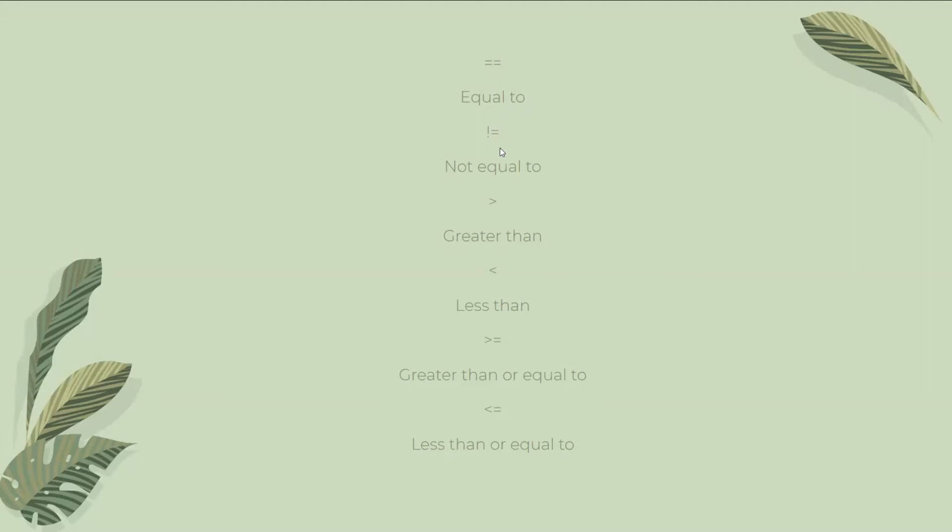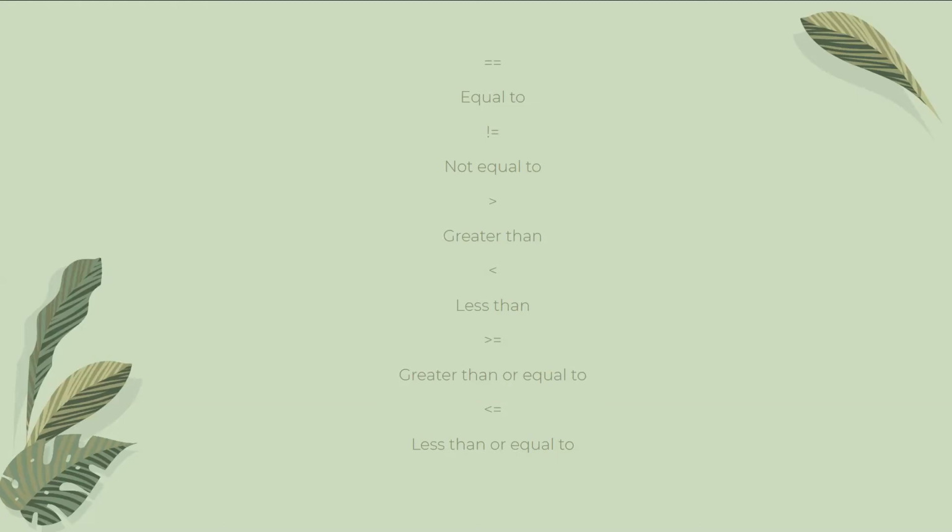The exclamation point and equal sign is going to be not equal to. So if I were to say if 4 is not equal to 5, it would be true, because 4 is not equal to 5, so the condition is true.